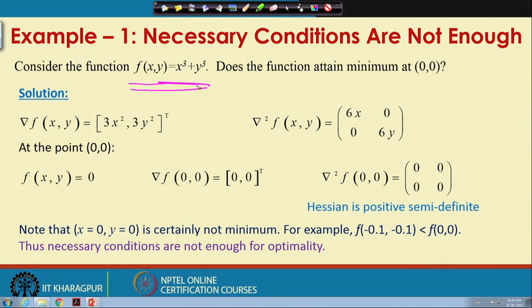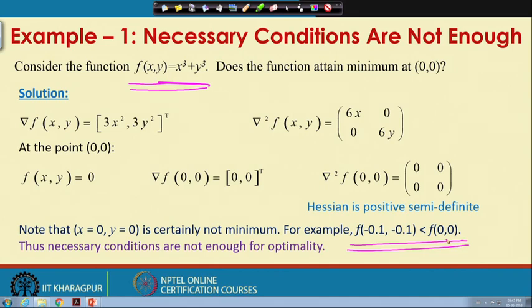For a simple reason, consider a small deviation from 0, say x equal to minus 0.1, y equal to minus 0.1. So, x cube will be a negative quantity, y cube will also be a negative quantity. So, the function value at x equal to 0, y equal to 0 will be 0.